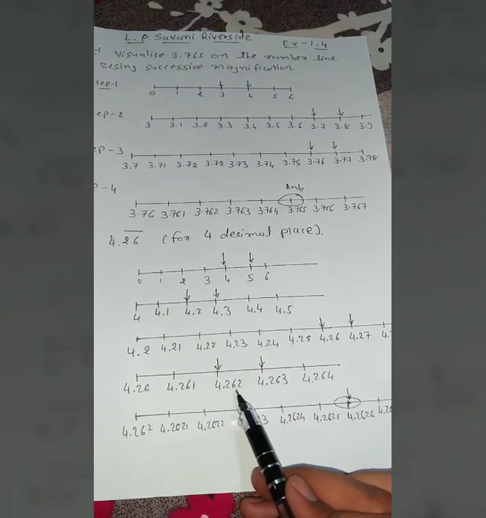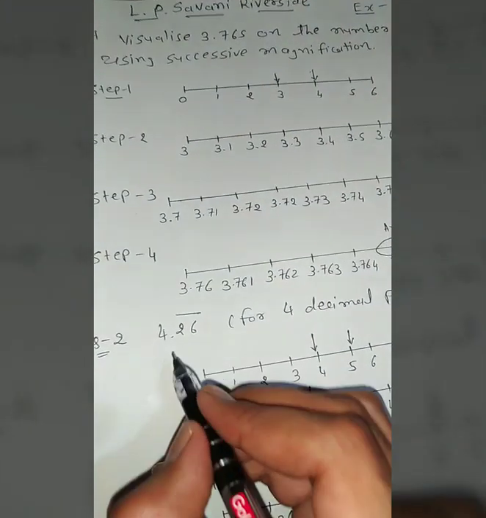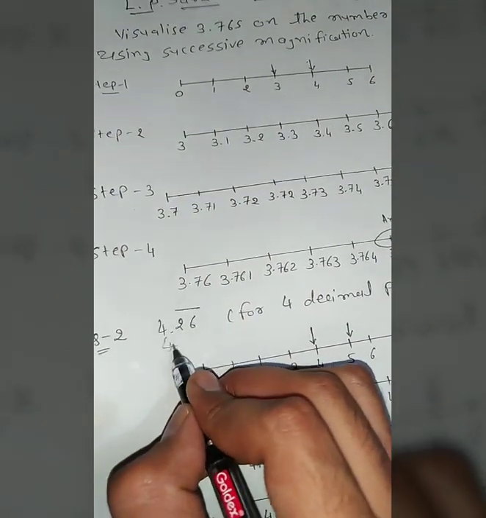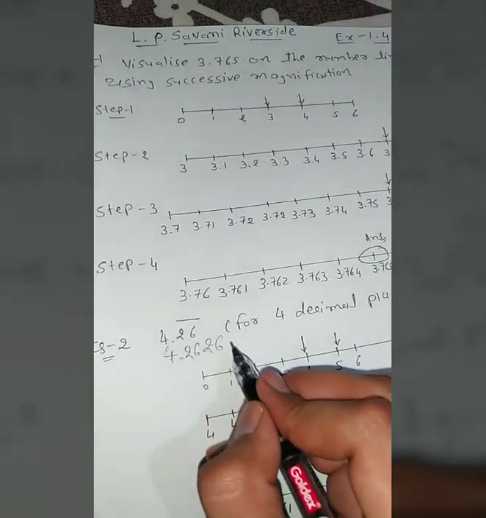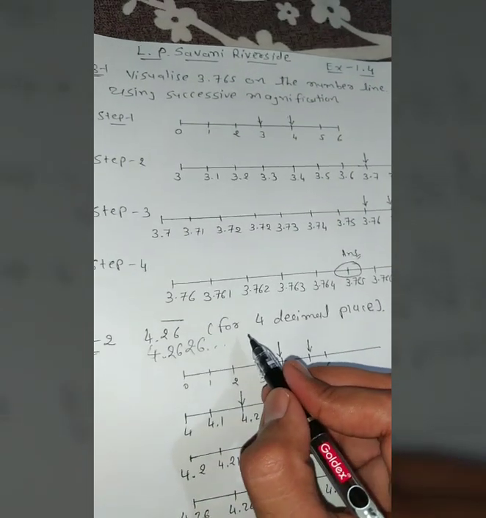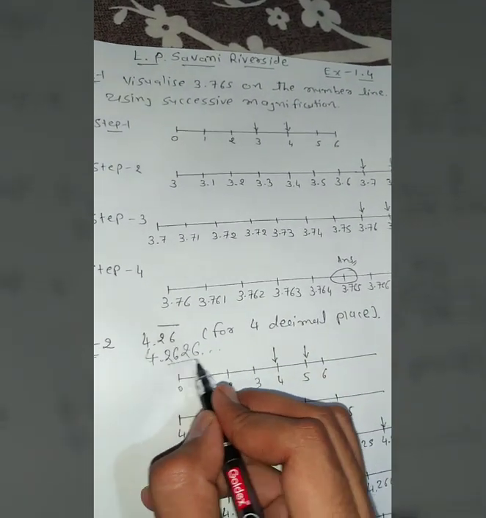Let's take the next decimal numbers, 4.262 and 4.263. Here you can see that we can write 4.26 bar as 4.2626 up to infinity, but I want the answer for only 4 decimal places, so I take only 4.2626 on this number line.